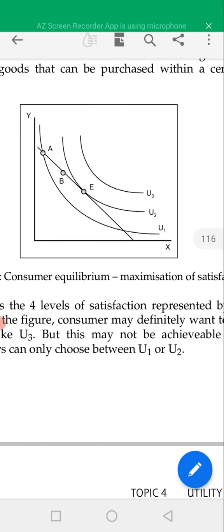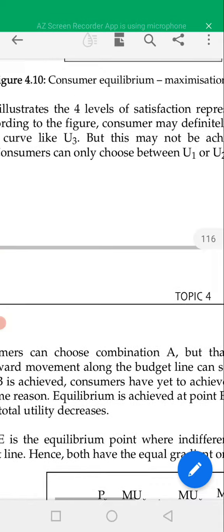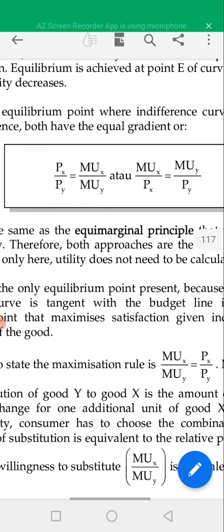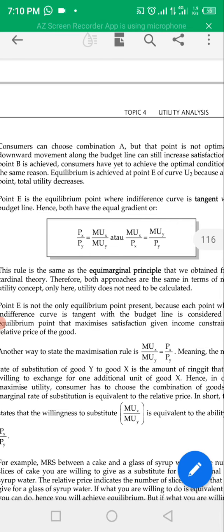That is the point of consumer equilibrium, and in mathematical form it is stated as this: px over py is equal to MUX over MUY, which is the marginal utility. Okay, so that is all about what is called consumer equilibrium.